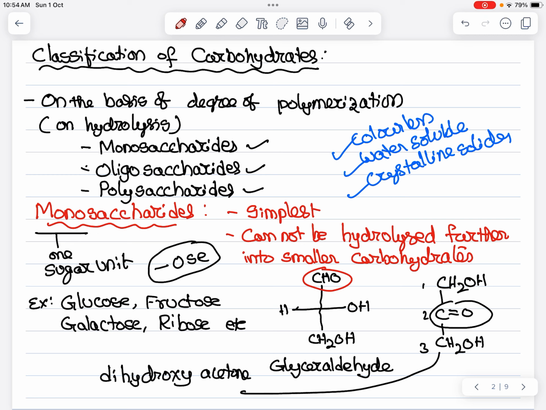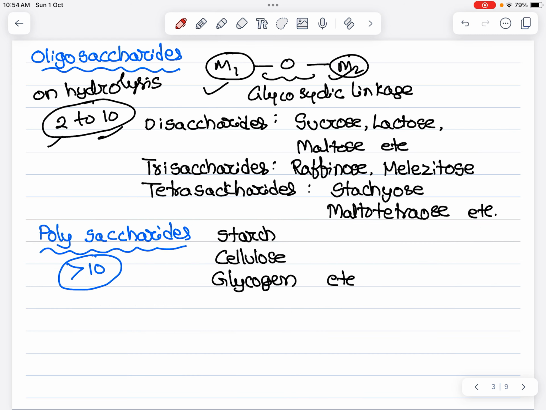Monosaccharides are the simplest carbohydrates and cannot be hydrolyzed further into smaller carbohydrates. Examples: glucose, fructose, galactose, ribose. Oligosaccharides, on hydrolysis, give 2 to 10 units of monosaccharides attached with a glycosidic linkage.